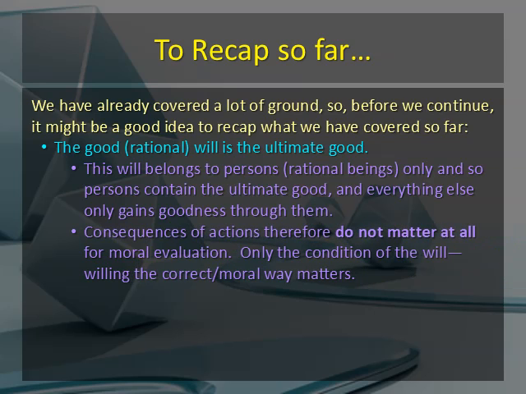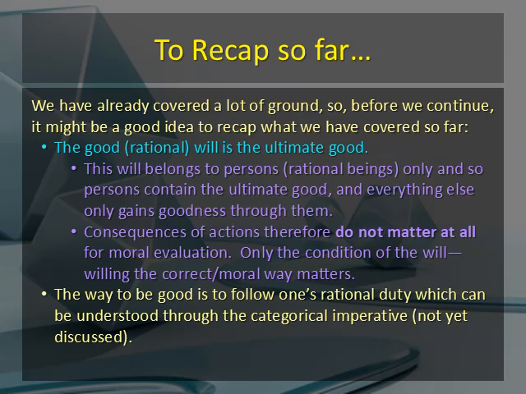Consequences of actions, therefore, do not matter at all for moral evaluation. Only the condition of the will, willing the correct moral way, matters. The way to be good is to follow one's rational duty, which can be understood through the categorical imperative, which we have not yet discussed.